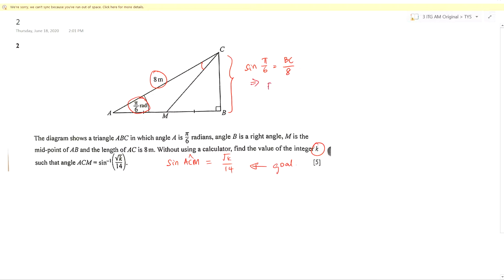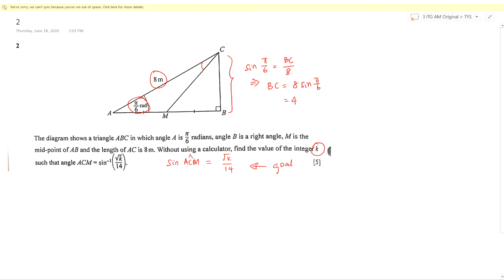So we have BC is 8 times sine pi over 6. So that is one expression that we can have. As long as we remember the trigo ratio for sine 30 degrees, then we will have the answer for sine pi radians over 6. That will be half times 8, we get 4.